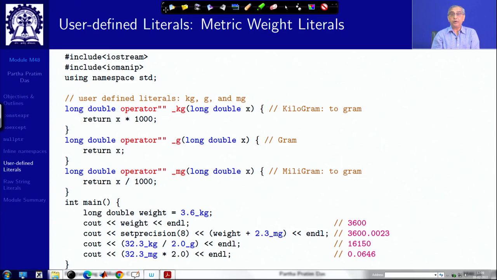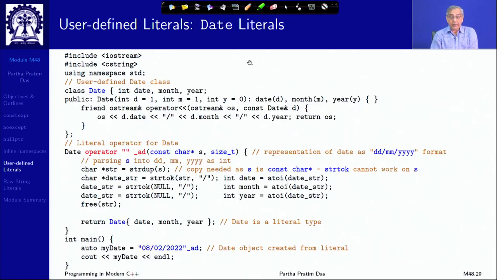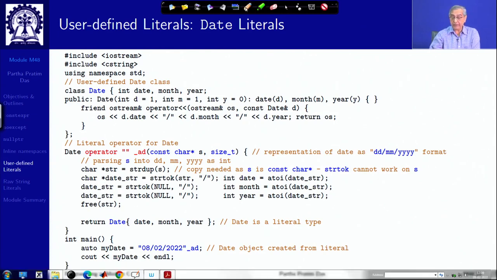So, this makes the code naturally a lot more readable and understandable, and you can actually use this to convert to user defined types. Run this example and check for yourself. I have defined a date type, with day, month, year, and I want a date literal of the form dd/mm/yyyy to be converted directly to a date object.